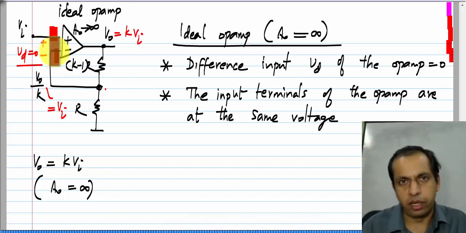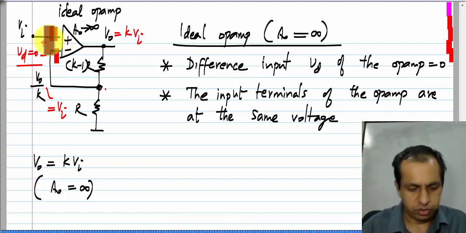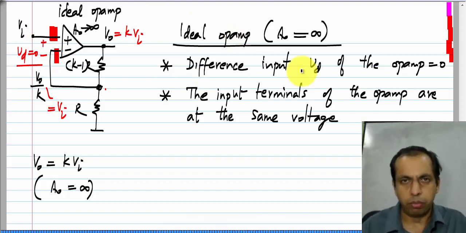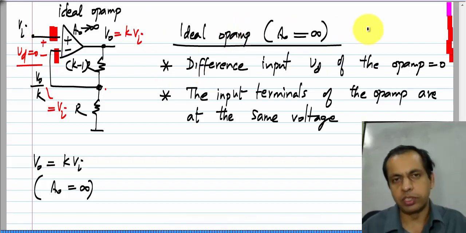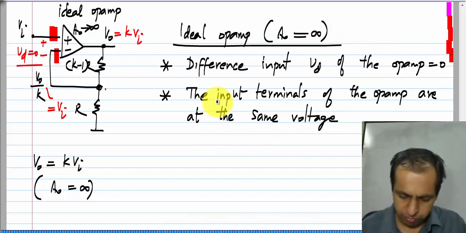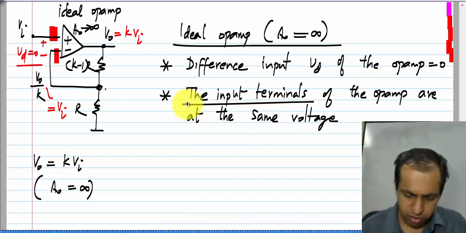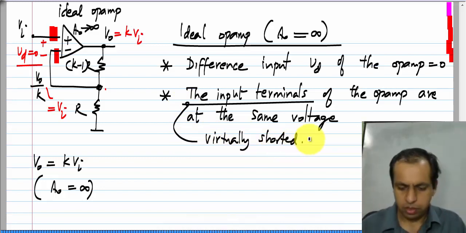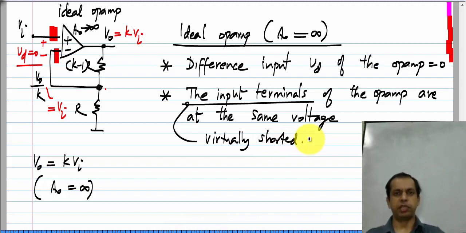It is not as though they are connected by a wire. So, there is no short circuit between them, but because their difference is forced to be 0 by negative feedback when A naught equals infinity, they are known as being virtually shorted.